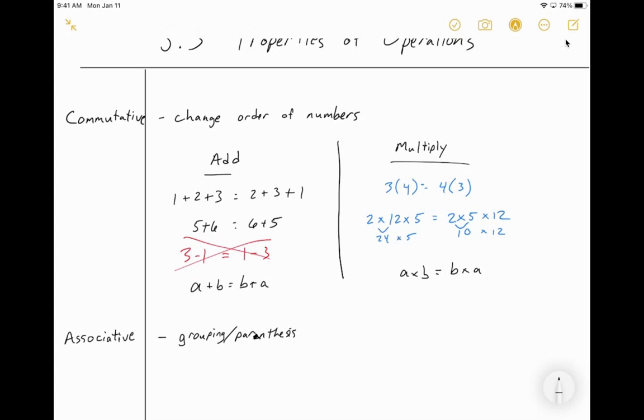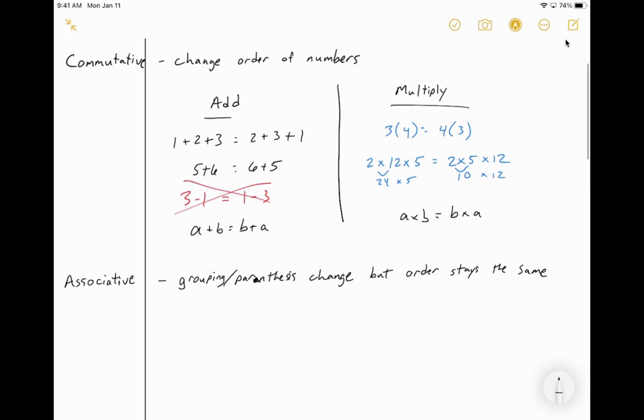That's an E, sorry. Parentheses change, but order stays the same. Okay, so the parentheses change, but the order stays the same.